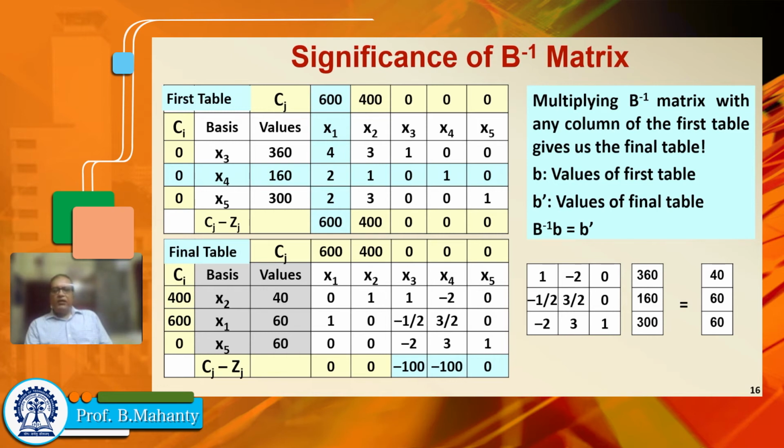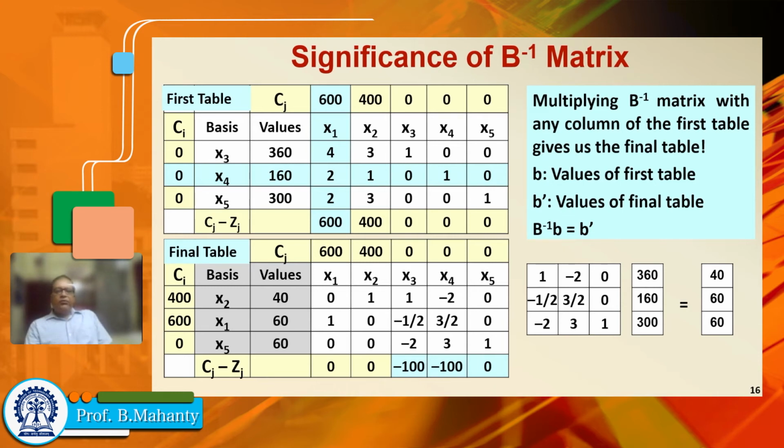And the last one: minus 2 into 360 is minus 720, plus 160 into 3 is 480, plus 300. So that will become 60. Right. So what has happened? We have multiplied the B inverse matrix with these values and we got the final table values.